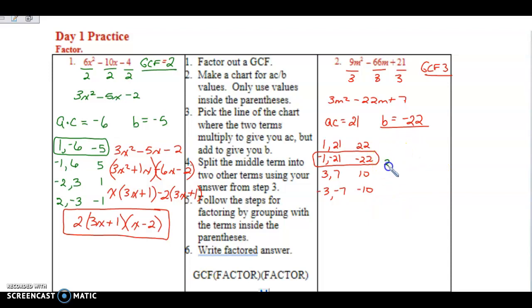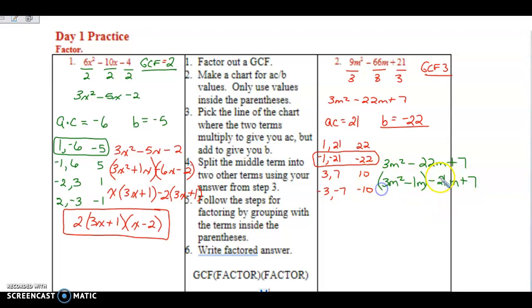So I have my 3m squared minus 22m plus 7. And I'm going to split my negative 22m into a negative 1m and a negative 21m. So 3m squared minus 1m minus 21m plus 7.